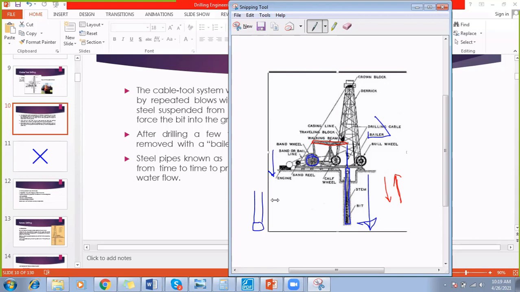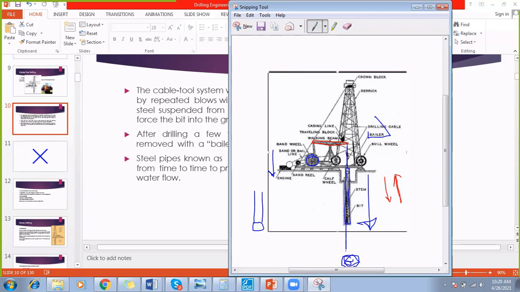While connecting the pipes, if you want to proceed, if you want to drill here, then what will you do? You will keep drilling, and when the whole section of the pipe is consumed, then you will add a new pipe.